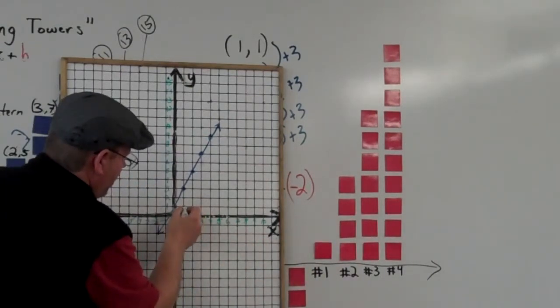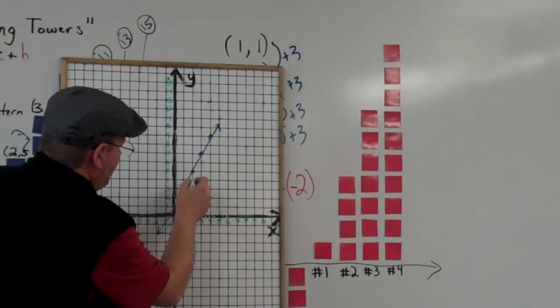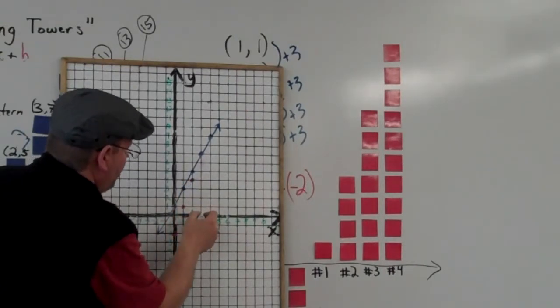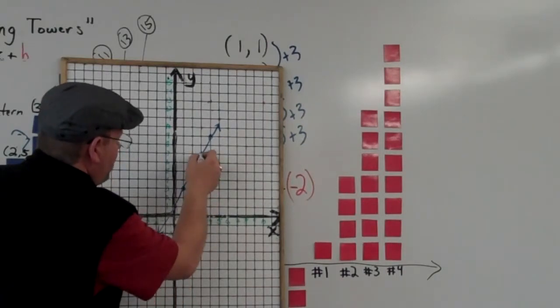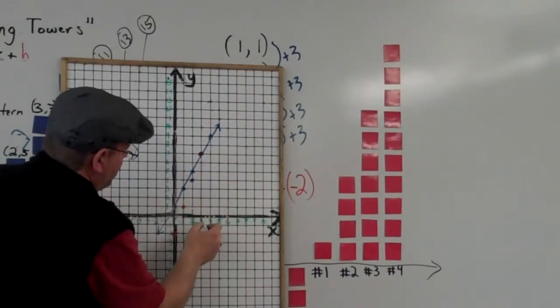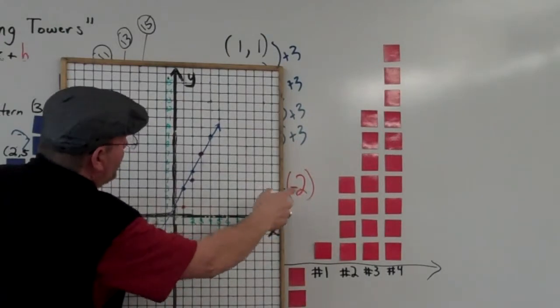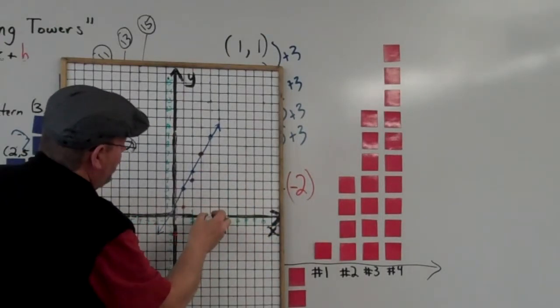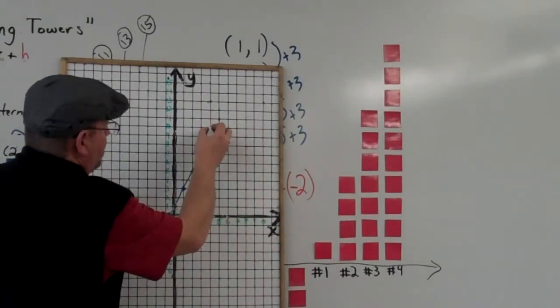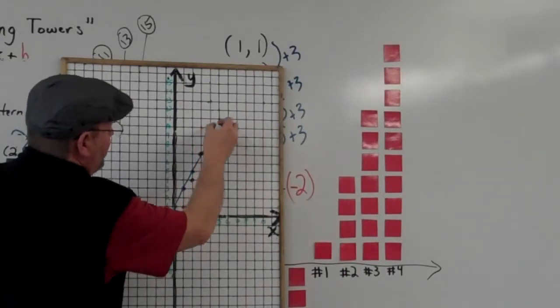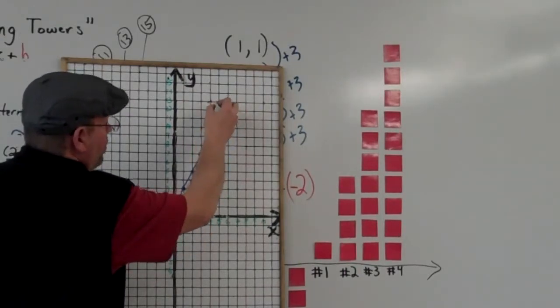Another one at 1, comma, 1; 2, comma, 4; 3, comma, 7; 4, comma, 10. We could go 5, comma, 13.